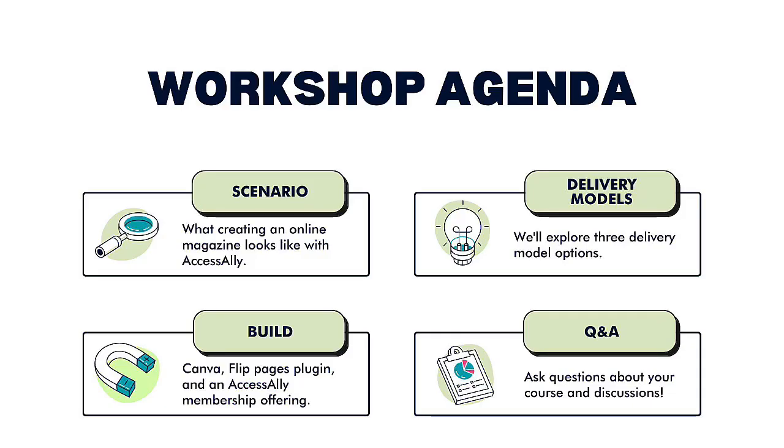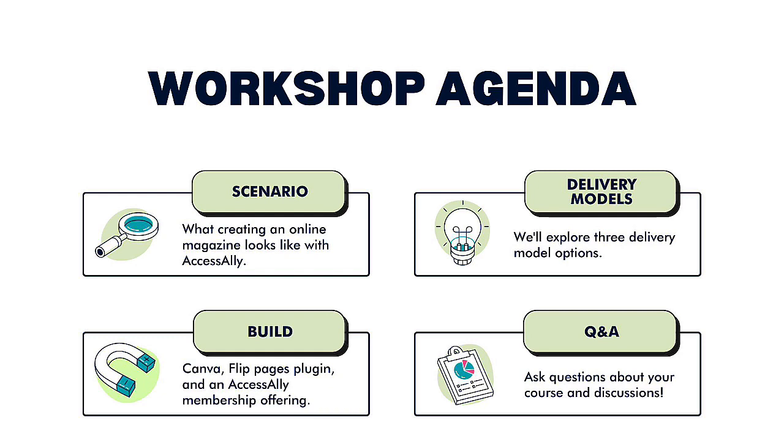Our workshop agenda for today is, first, our scenario: what creating an online magazine looks like when you're using AccessAlly. We'll cover delivery models and explore 3 different delivery model options for an online magazine with AccessAlly. We'll build. In this part, we are going to cover using Canva for creating your PDF.